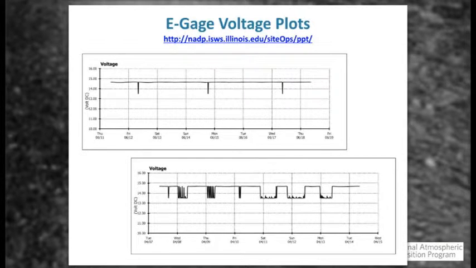This is just some graphs that Brian pulled up from one of our sites, showing the voltage over time. You can see, probably with some sort of event, in the top one the voltage is dipping. When the collector is consuming power, it's causing the line voltage, that would be the DC power, to dip. This is a solar powered site. The bottom one is very disconcerting because the top one dips but comes back up again.